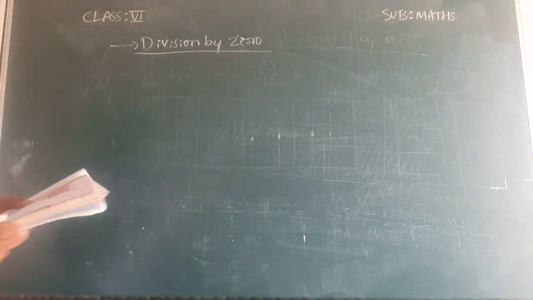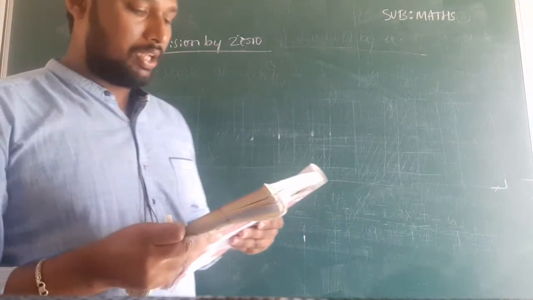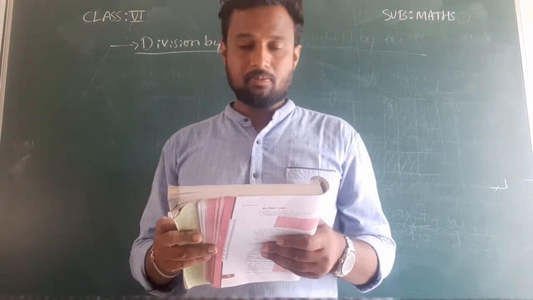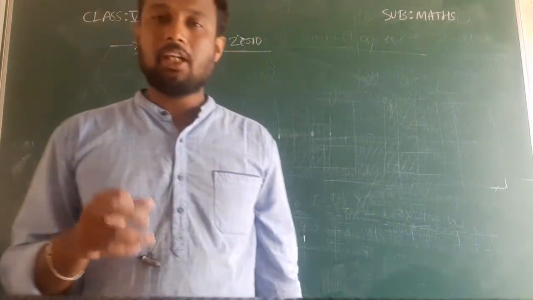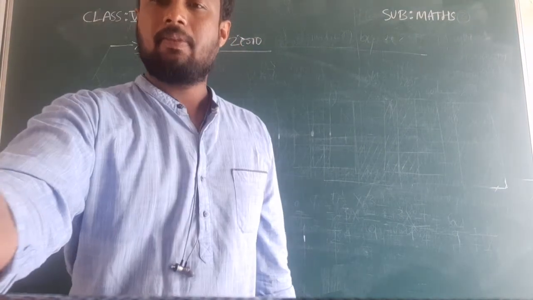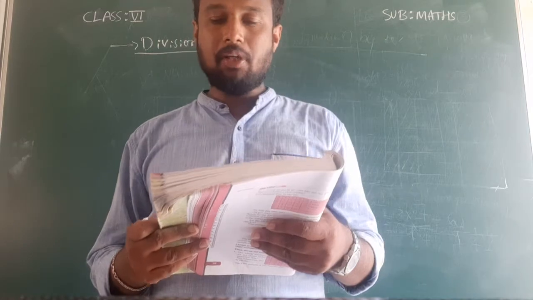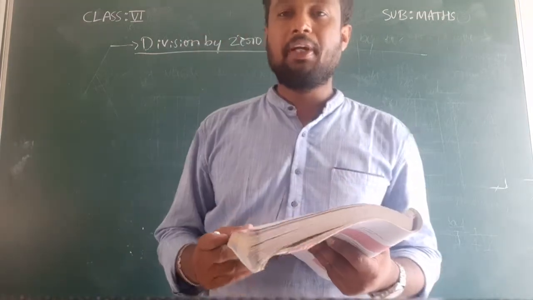Division by 0. They have given that division by a number means subtracting that particular number repeatedly.